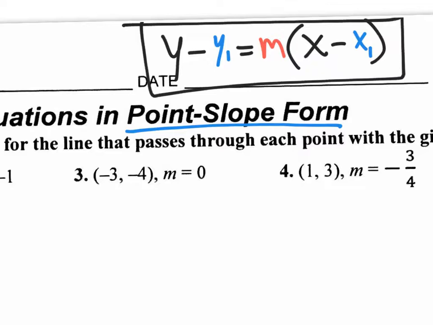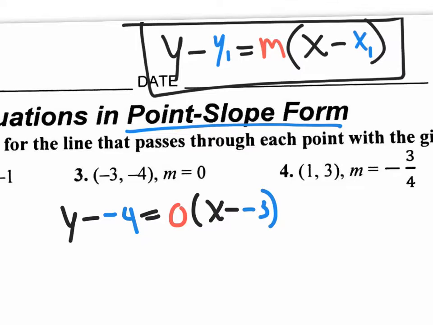Like number 3, for example, they want you to write the equation in point slope form that passes through this point and has this slope. Well, for number 3, you would say y minus y1, that would be negative 4, equals m, which happens to be 0. They're telling us that the slope is 0. Open parentheses, x minus x1. x1 is negative 3.